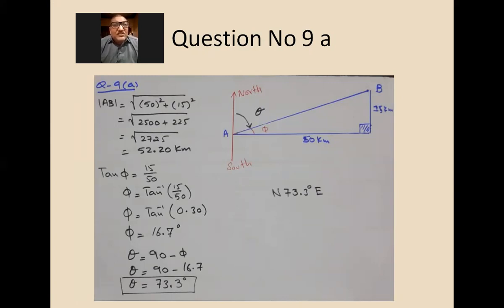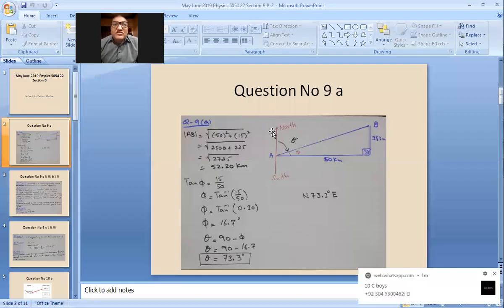Doing this calculation, phi is 19.7 degrees. Theta is 90 minus phi, which is 73.3 degrees. So the direction of AB is north 73.3 degrees east. Hopefully you have understood this.